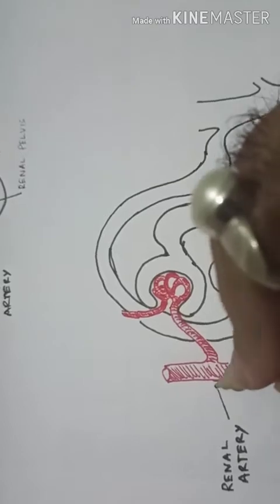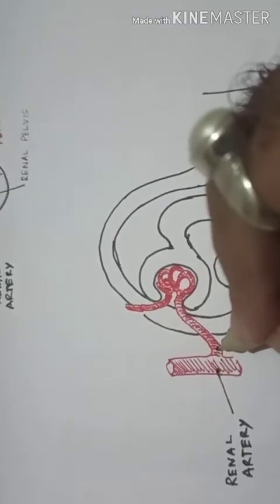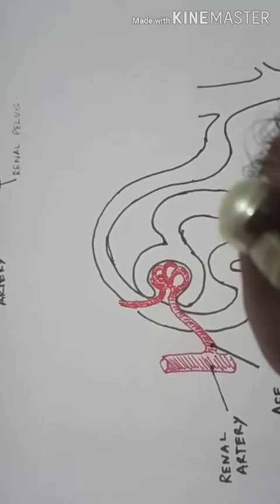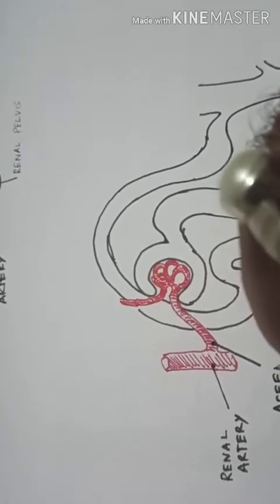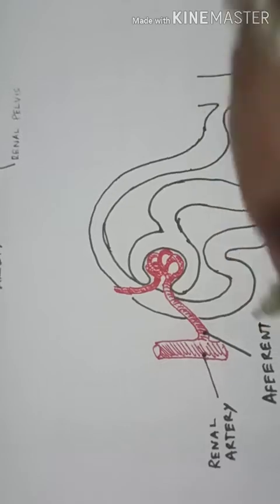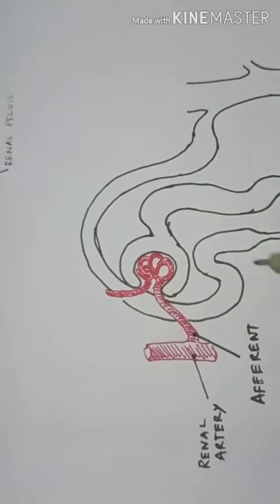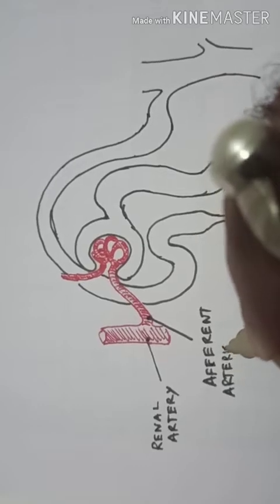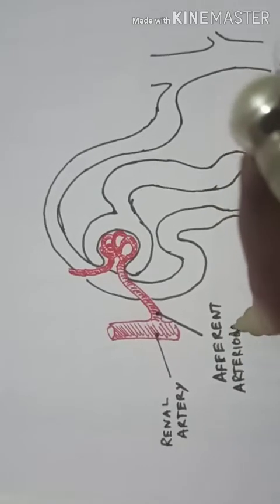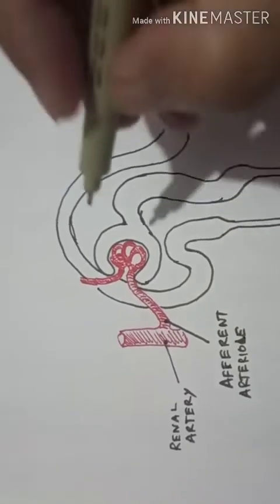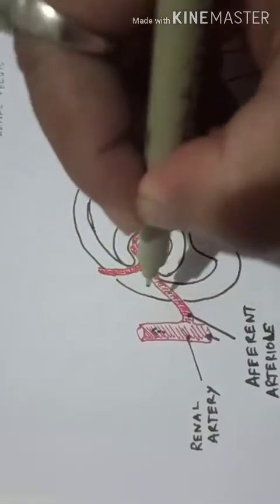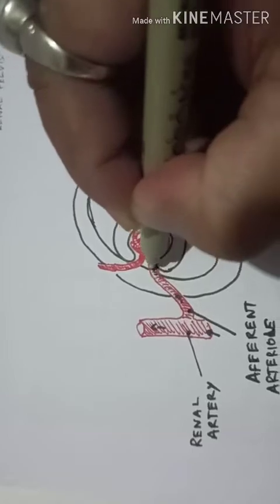This is the afferent arteriole. Afferent arteriole. Blood comes through this, so it will travel this way.